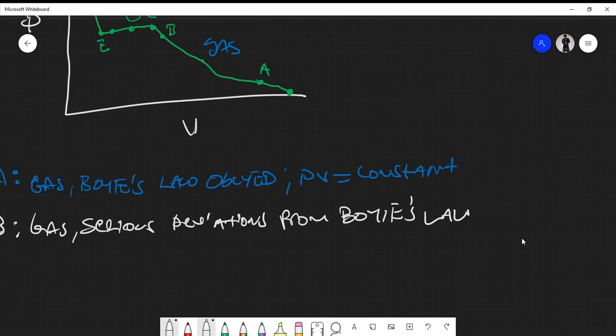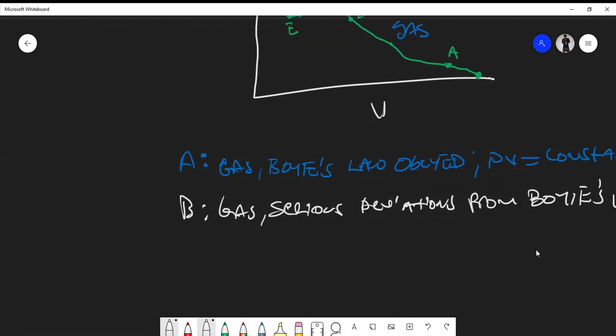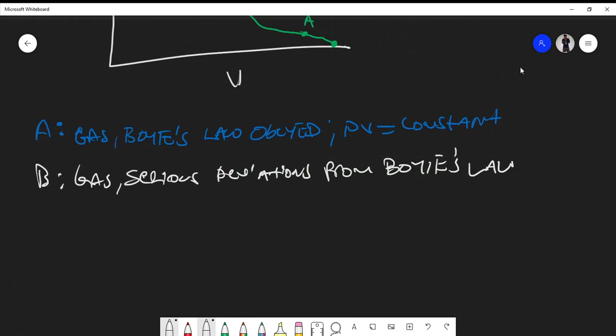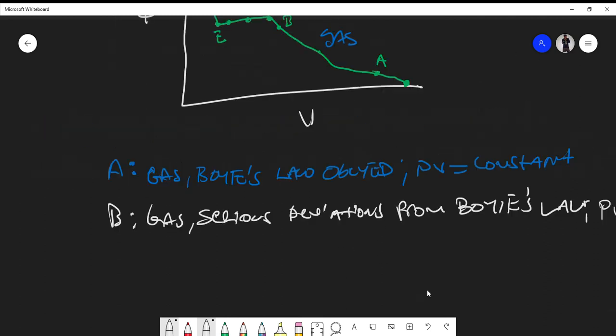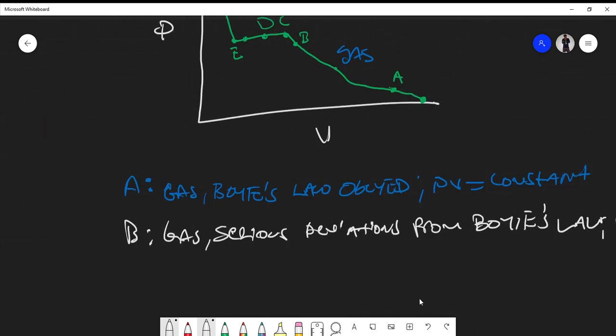So in other words, we would say that PV does not equal a constant. So that is at point B.